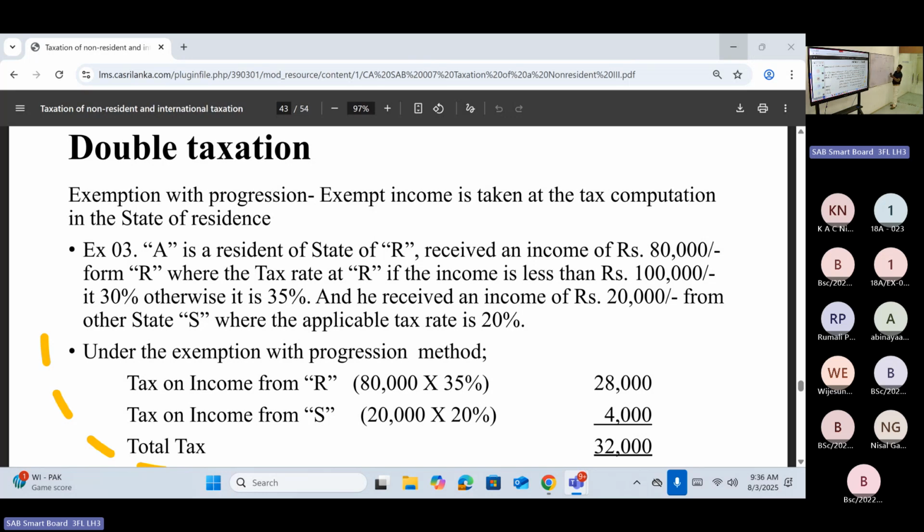This country has to pay anyway on 20,000, tax rate at 20%, 4,000. This country says if his total income is less than 100,000, rate is 30%. Right? Country R he is receiving 80,000.